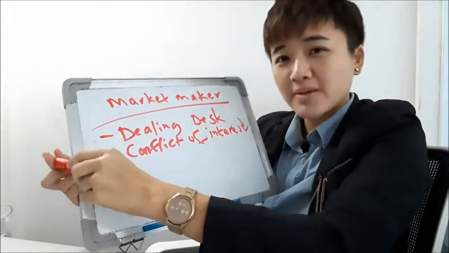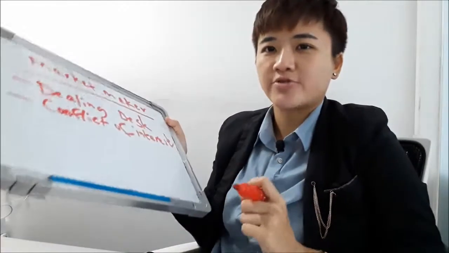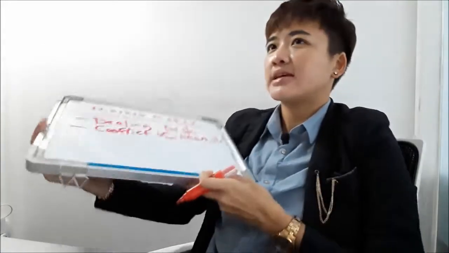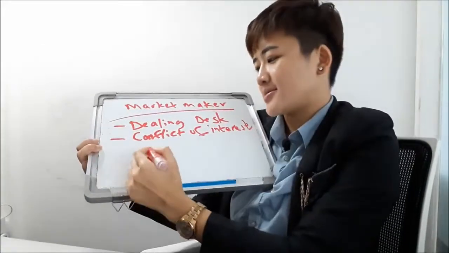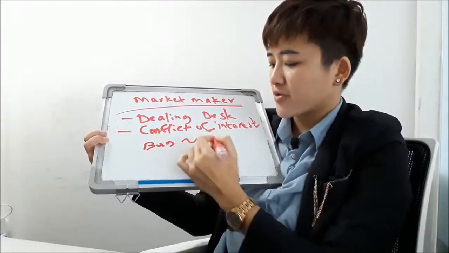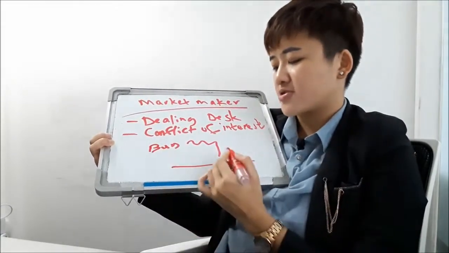Do they want you to make money? I don't think so. When you lose money, they're gonna make money. Meaning, in other words, when you win a trade, that broker will lose money. So that's why a lot of traders, when they trade market makers, have the same complaint. You make a buy, let's say over here, okay? And the price will go all the way very close to your stop loss.